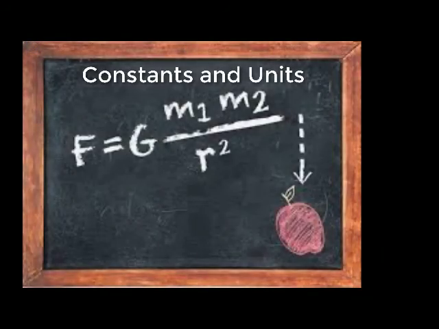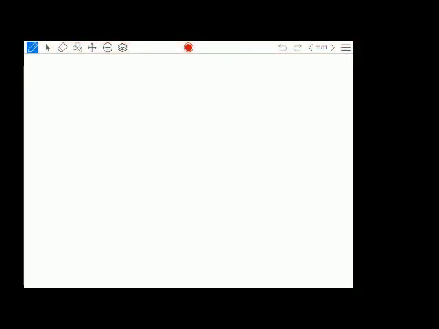So the last word on units. They're just there for unit consistency. Here's a great example. Newton's universal law of gravitation reads, the force is equal to G times the product of the masses over their distance squared. A common equation we'll see in the course.